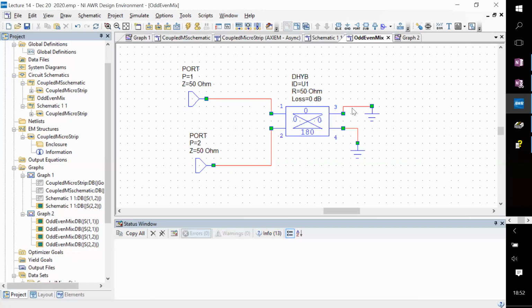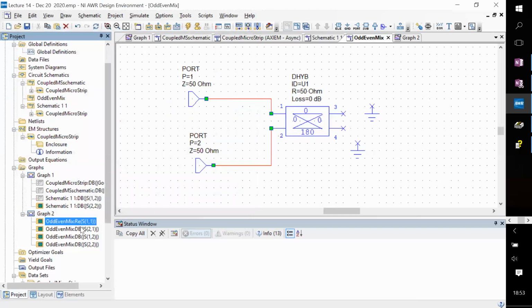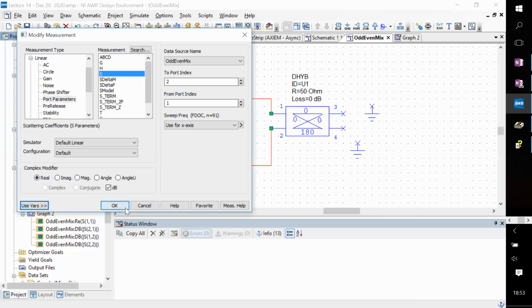In fact, to look at this carefully, I should change this not to dB, but to the real part.